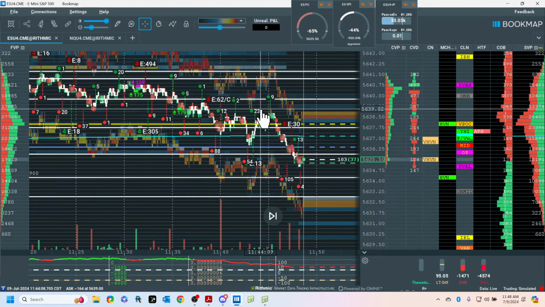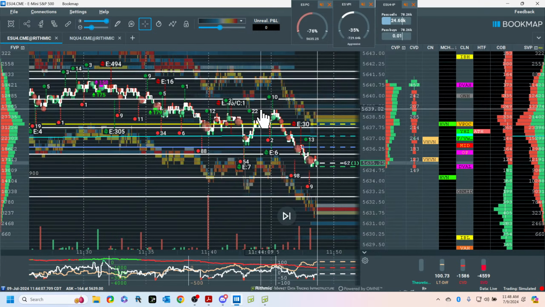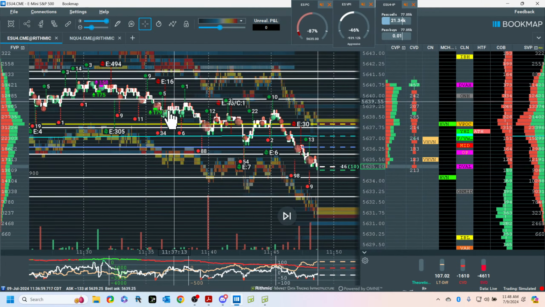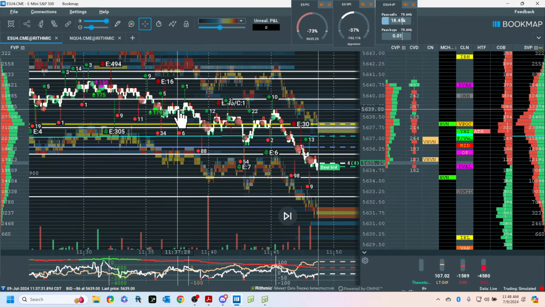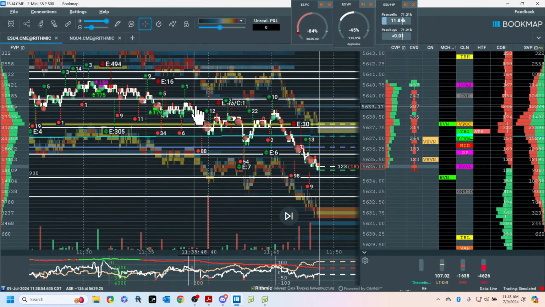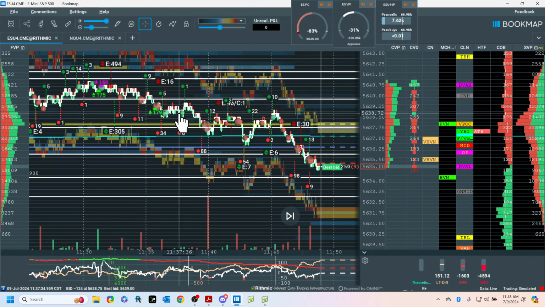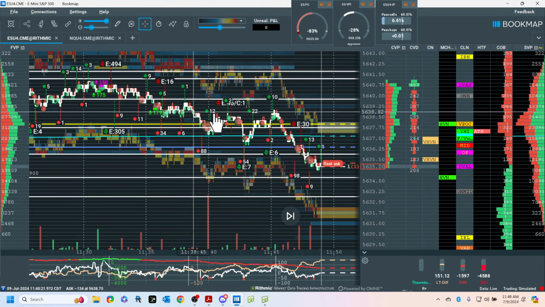Now, watch. This is not a recommendation. This is how you can develop a trade management process. This is a fractal. Notice what happens here. I have my sellers. I have buyers here under the bus. The buyers try here. They can't get above this micro volume.